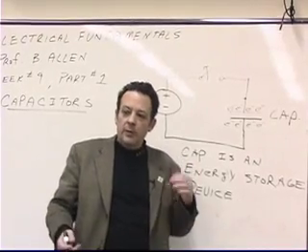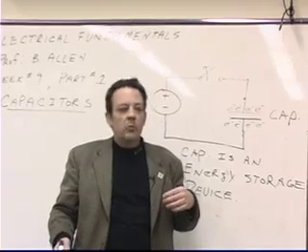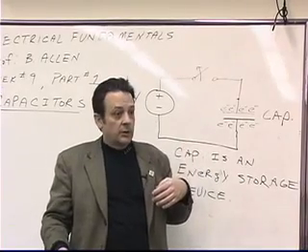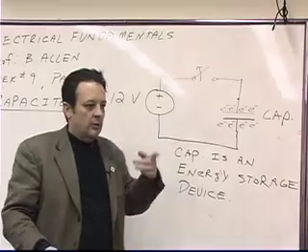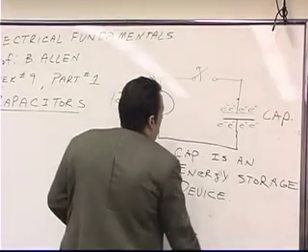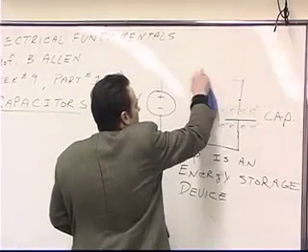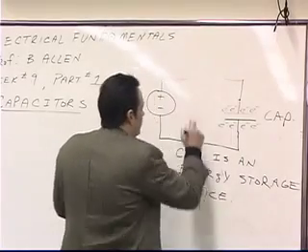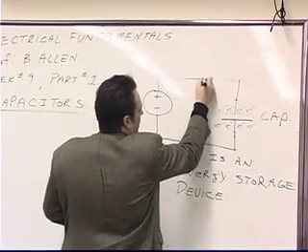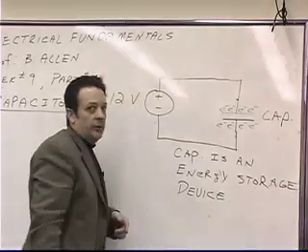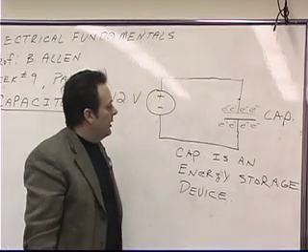The only way to get current to flow would be to close the switch, because then we would have a closed loop. So let's redraw our switch as a closed switch.